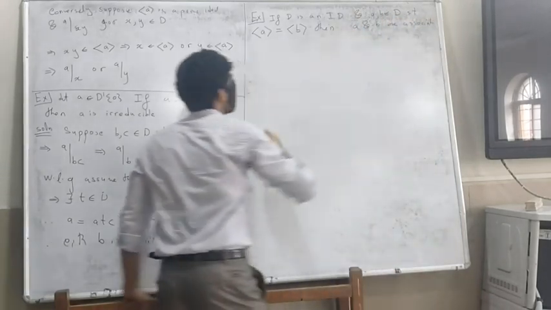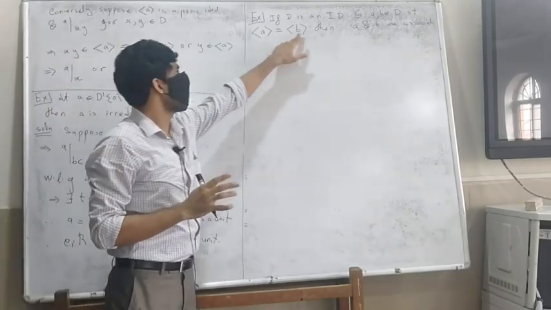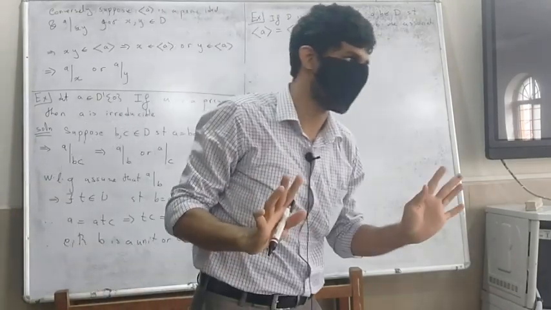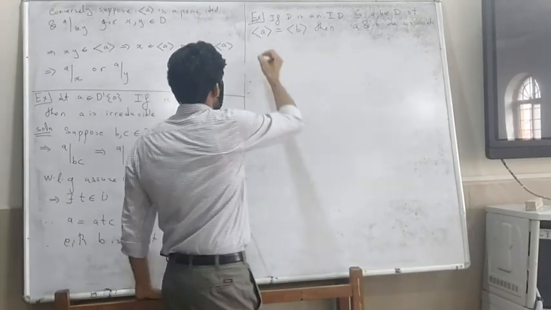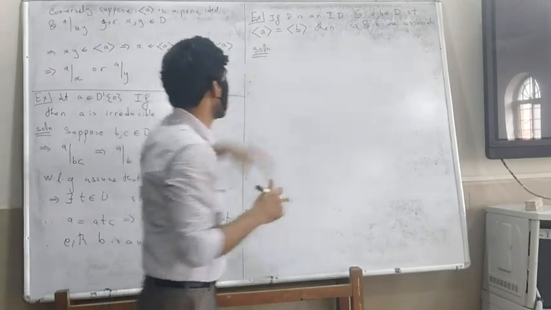A very easy proof. If the ideals are the same, the generators have to always be associates of each other. There is nothing else. In fact, you can go further than this.